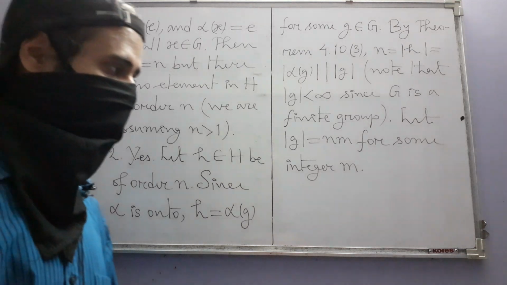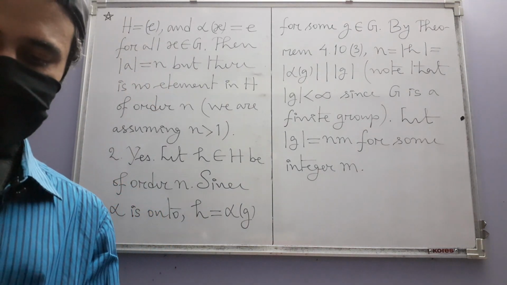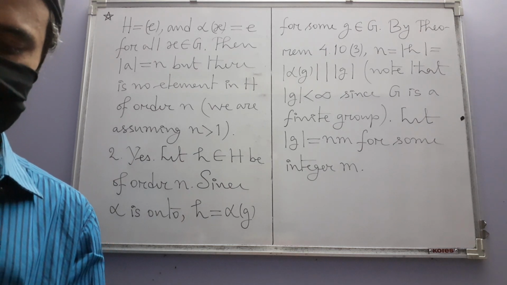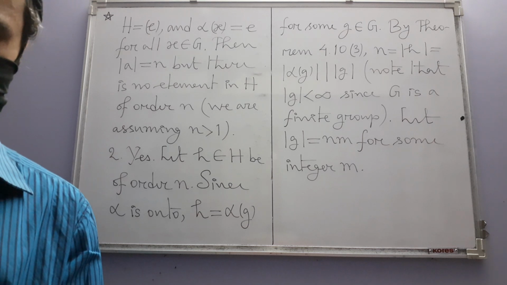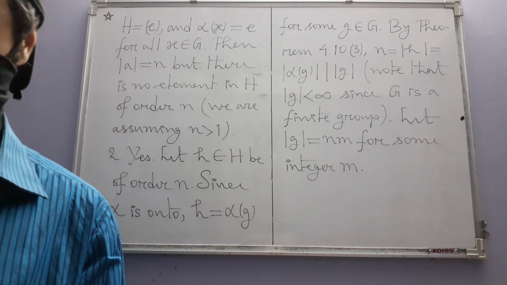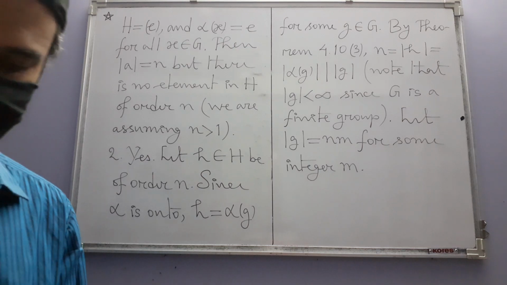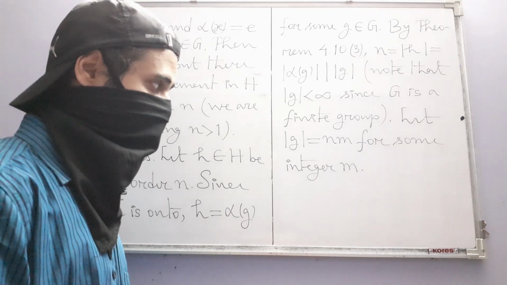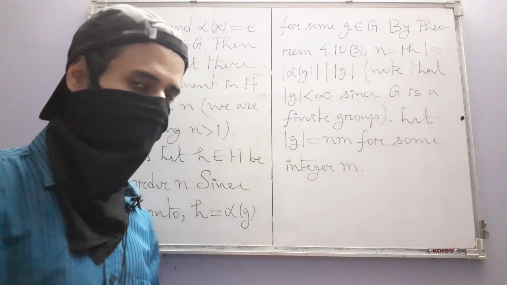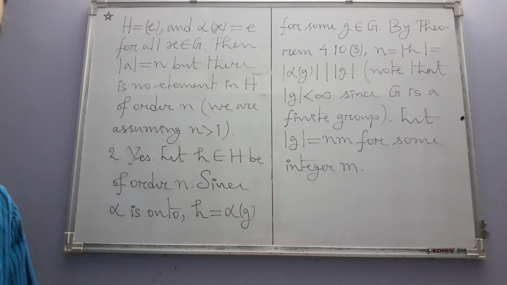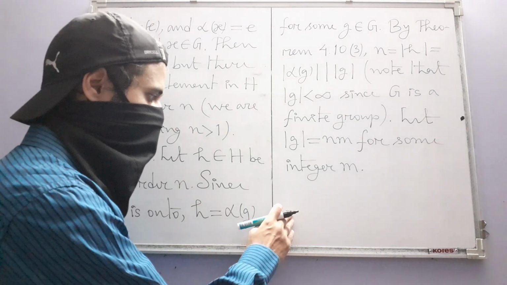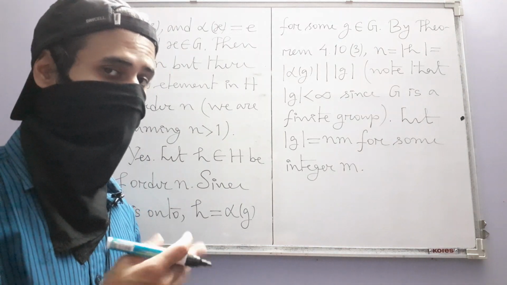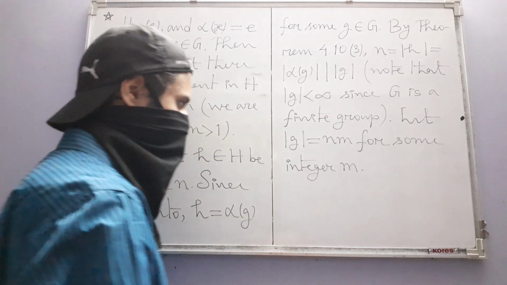And from this condition now we will be able to find an element of order n in capital G. And that element is nothing but the mth power of g. From the formula that lets us calculate orders of powers of some element in terms of the order of that element, from that we then get this.